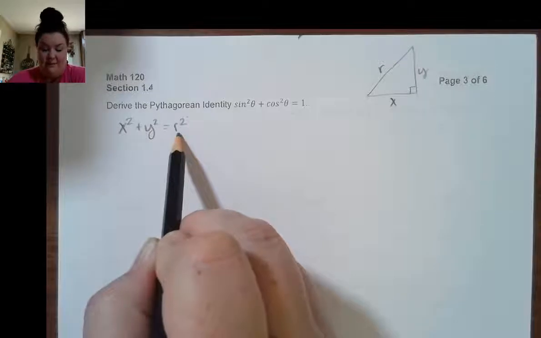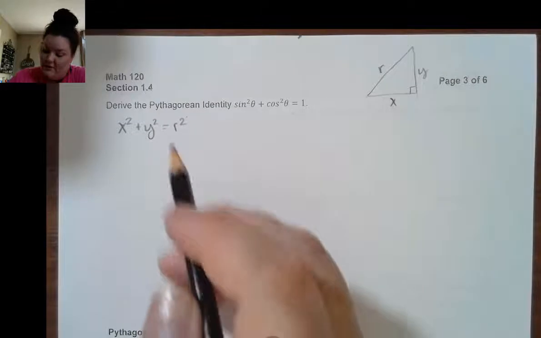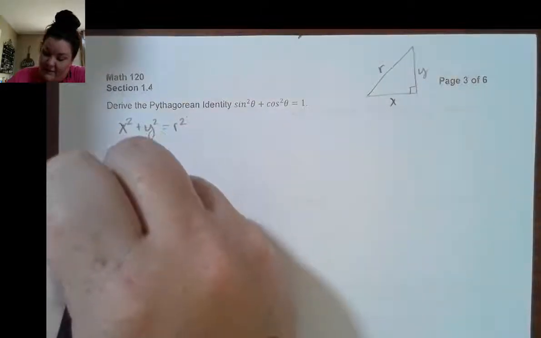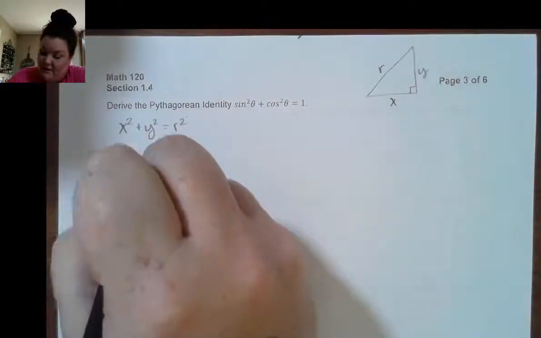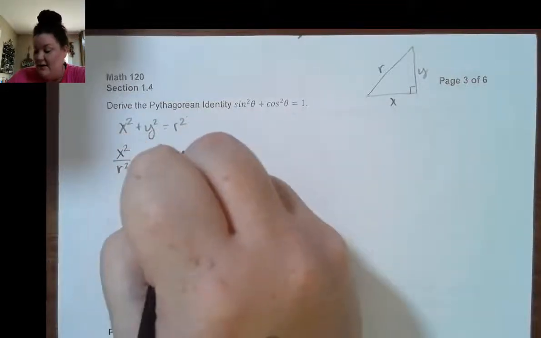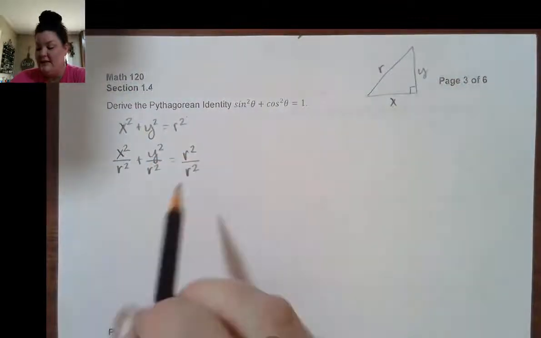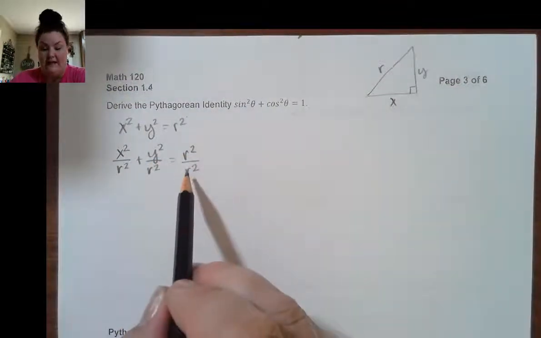So I'm going to go ahead and divide each term by r squared. So I have x squared divided by r squared, y squared divided by r squared, and r squared divided by r squared. Okay, so this is going to cancel and give me the 1 that I need, right?